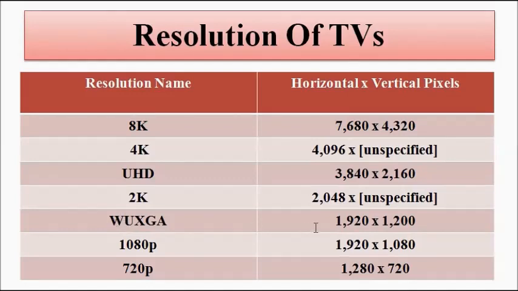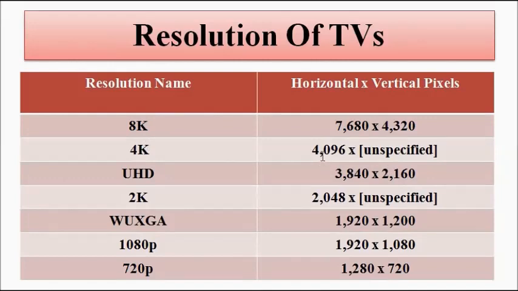That is 1920 into 1200, the horizontal into vertical pixels. Then we have the 2K, that is 2048, and the vertical is unspecified. You will find mostly this written as unspecified. Then the ultra high definition UHD, that will be 3840 into 2160.